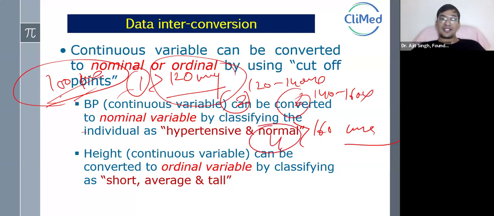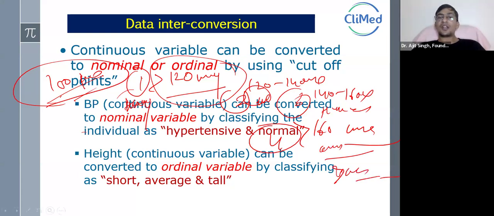There is rank. This is like hypotension, this is normal blood pressure, this is hypertension category 1, this is hypertension category 2, and more than 180 is hypertension category 3 or hypertensive emergency. So there are categories of the data.